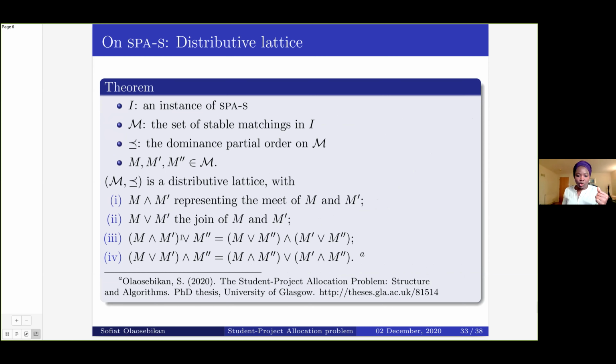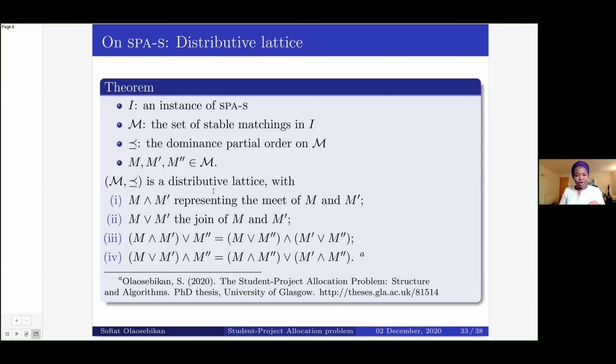The join operation distributes over the meet, and the meet operation distributes over the join. And this is in chapter 3 of my thesis, which you can find at this address if you are interested in the theory. So I proved this, and that was how we're able to conclude that the set of stable matchings in an instance of SPICE forms a distributive lattice.